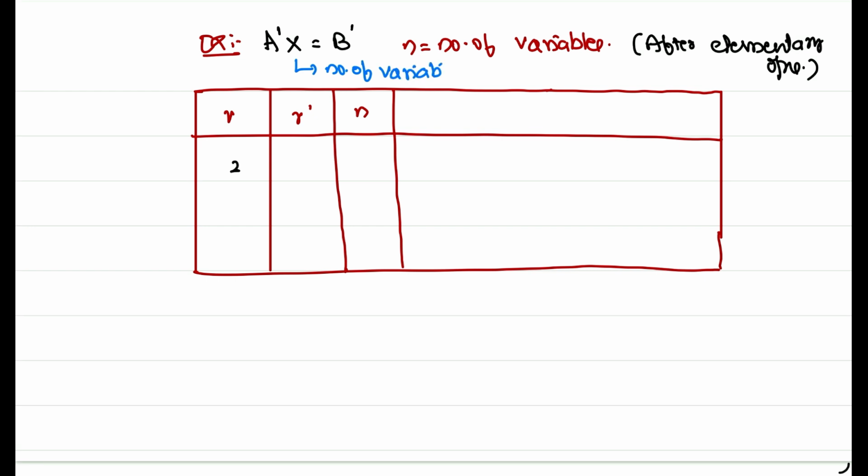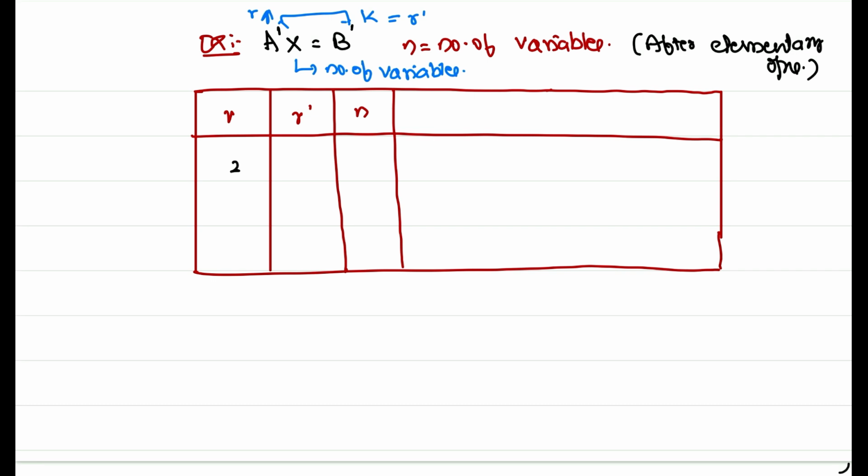There can be 10 variables, 2 variables, 1 variable, no problem. After this, A has got, this denotes R. This whole denotes R dash. Now, R is equal to 2. Rank of A.